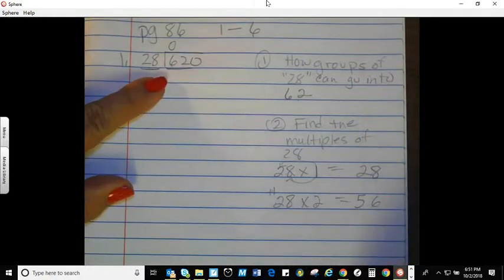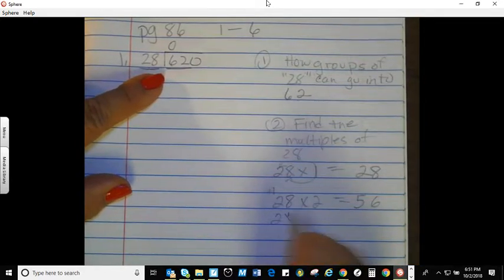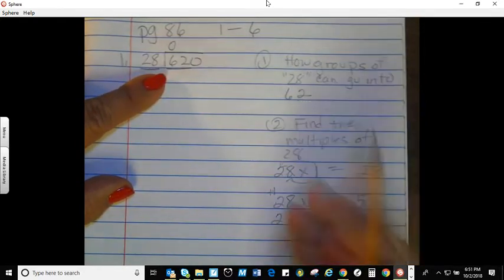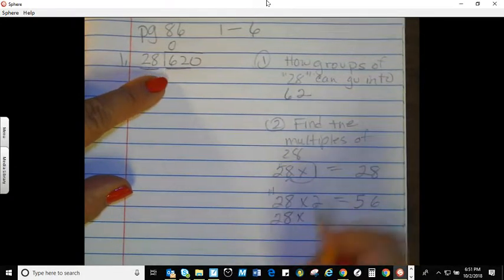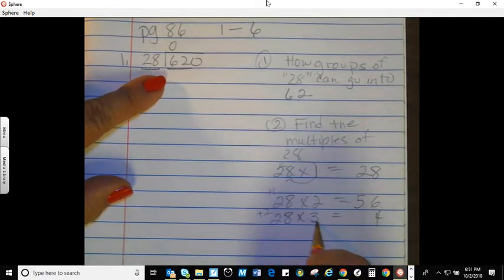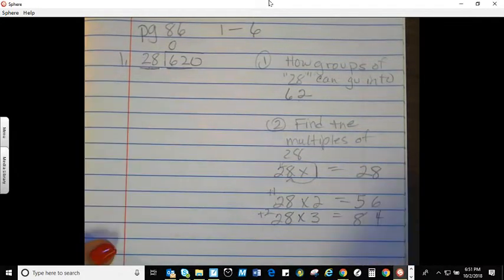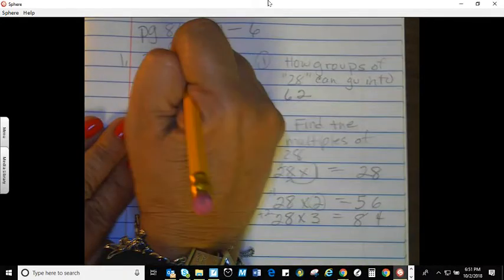It's 56. Looks like I can put in another group of 28. I don't think so, but let's double check. 28 times 3. 3 times 8 is 24. Regroup my 2. 3 times 2 is 6 plus 2 is 8. Too big. So I know that it's going to be 2 groups.